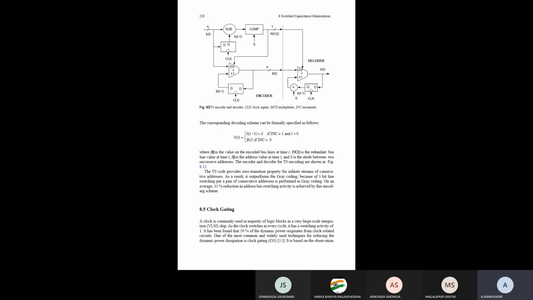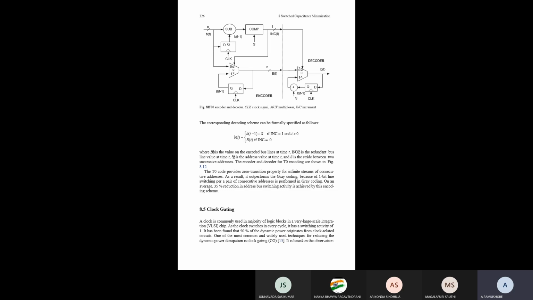Whenever we give a clock signal to a desired circuit, 50% of the operation will depend on the nature of the clock signal.